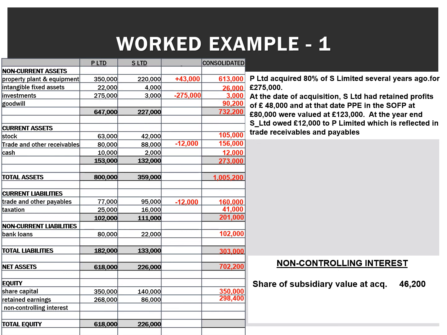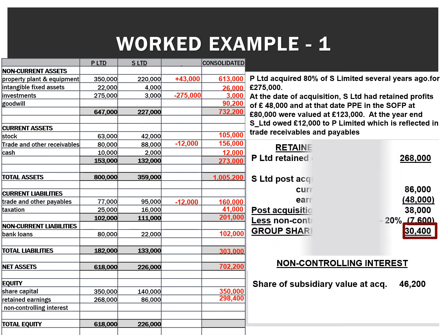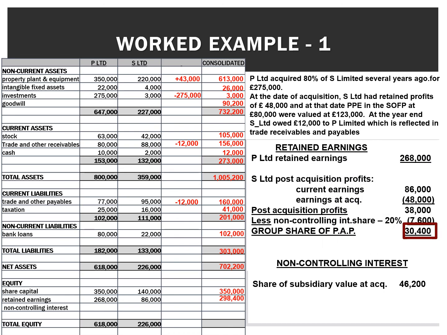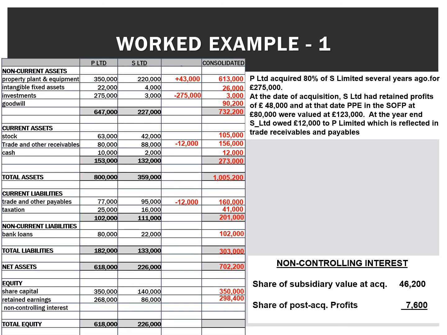So we've already calculated both of those figures. And so we've now got the non-controlling interest, the minority share of the subsidiary at the date we became a shareholder, plus the minority share of profits made since that point in time. And that gives us a non-controlling interest total of 53,800.